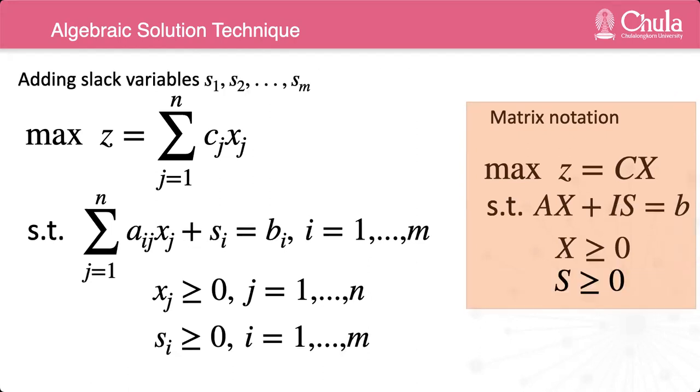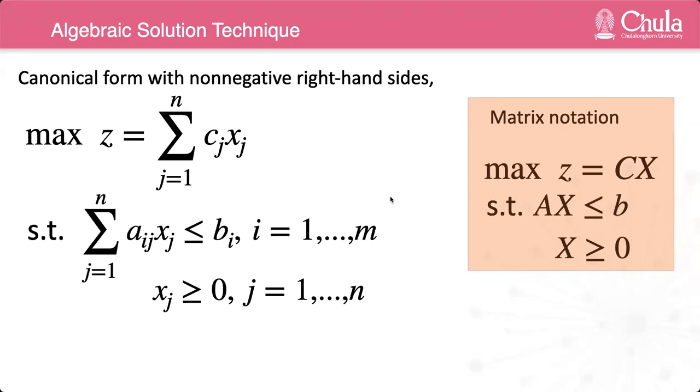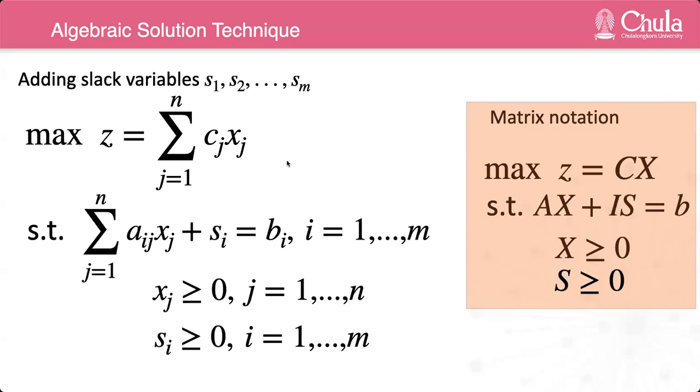Then we have to convert this problem by using slack variables, using the technique we learned before, okay?